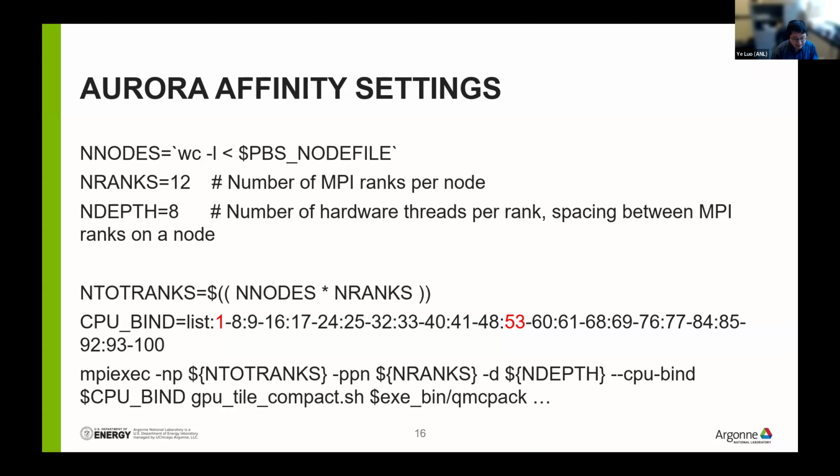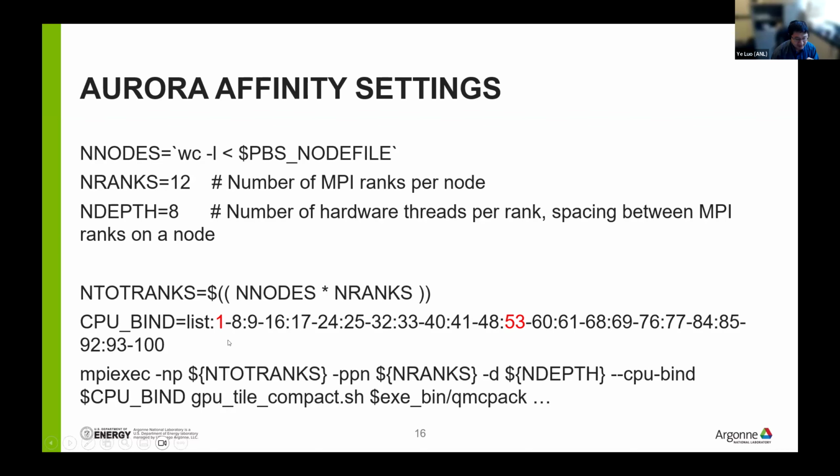However, because the first 48 land on the first socket and the second 48 need to be on the second socket, you need to explicitly give the binding details. So I'm here giving you the actual binding list I'm using, just to let you know that you can provide this kind of control with MPI, and in certain scenarios like Aurora, you should do it.